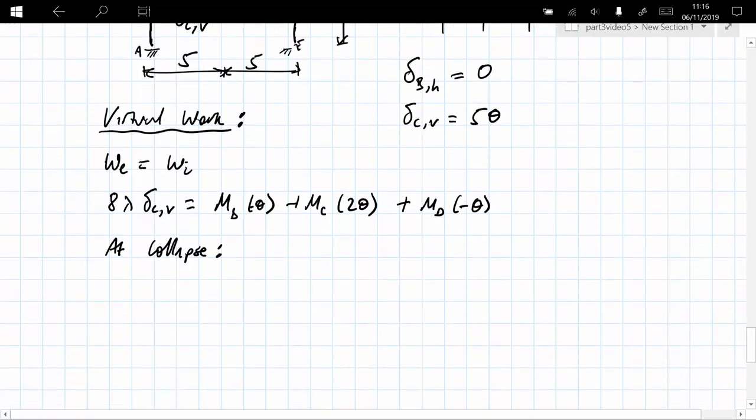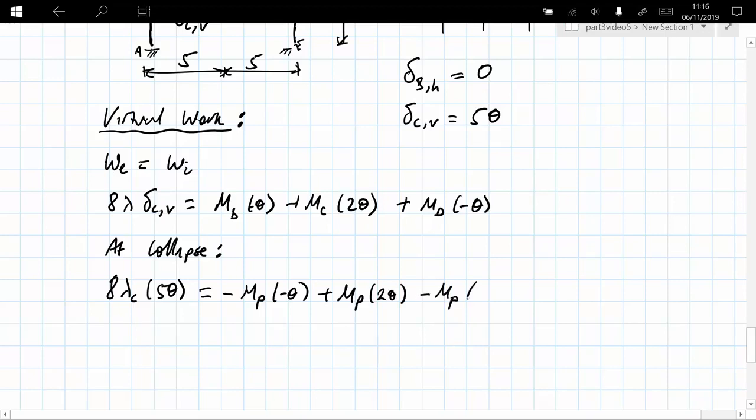At collapse, we have 8 times by lambda C times by 5 theta, substituting in the delta CV, and this time we replace the moments MB, MC, and MD with their corresponding cross-section plastic moment values, adopting the same sign as the angle of deformation. In this case, we have minus MP times by minus theta, plus MP times by 2 theta, minus MP times by minus theta.